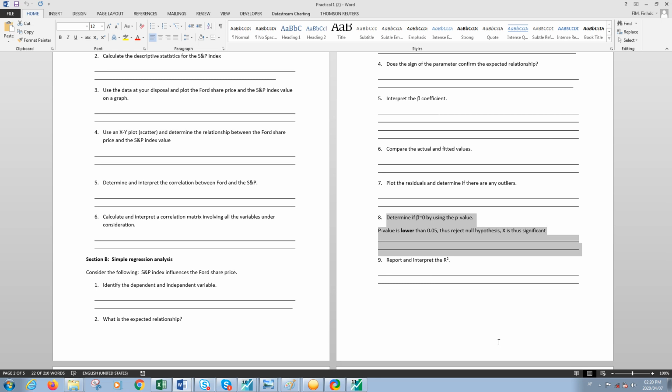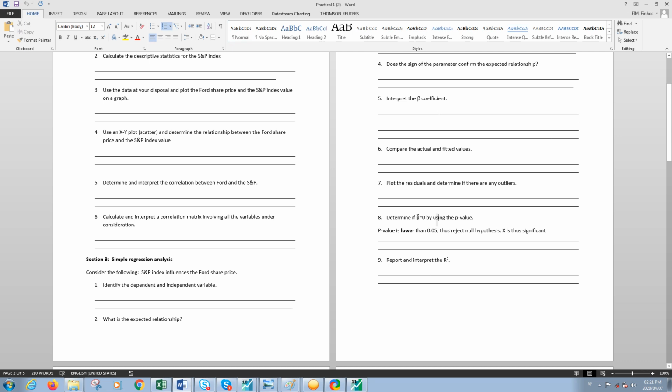There's 4 steps that you need to follow. I'm just going to explain how to use beta, but you need to follow those 4 steps. So importantly, at a 95% significance level, we can reject our null hypothesis.